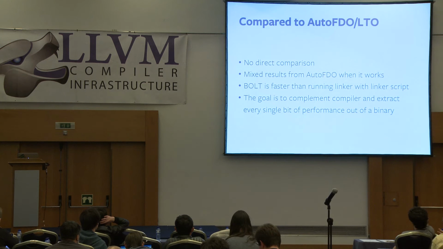In practice, we had mixed results with AutoFDO. I've seen where AutoFDO did pessimization to the binary. It also didn't work for us on HHVM, at least not with the version of the compiler we are using. So I cannot say that we add that much on top of AutoFDO right now.